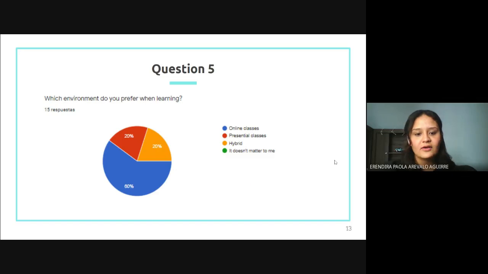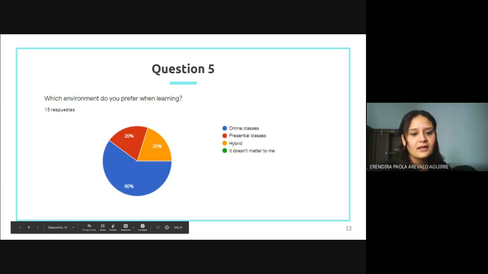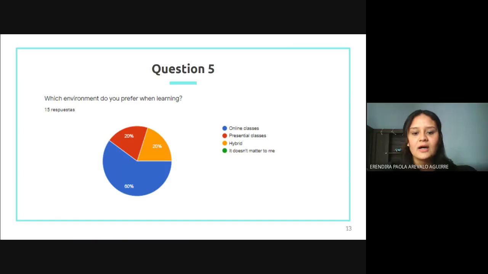And as far as question 5, it was, which environment do you prefer when learning? We gave the options of online classes, presential, hybrid, and it doesn't matter. The results to these questions actually impacted us because, just like we saw in the hypothesis, we thought the students would respond negatively to distance learning, especially when learning a different language.